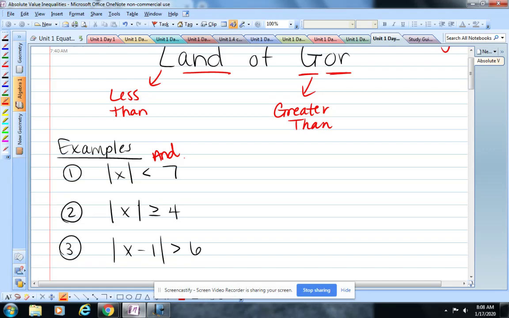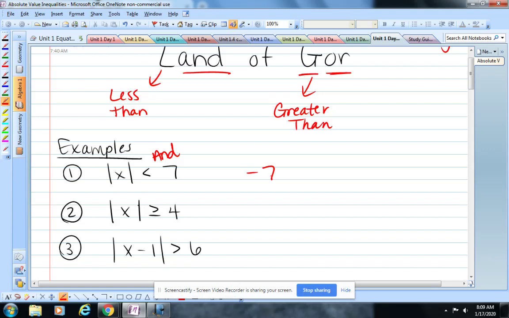To set up an and, y'all remember when it's absolute value, we have to consider the positive and the negative number inside the bars? Right? Okay? Same thing with the absolute value inequality. To set up an and, you're going to take this number, make it negative. That's your left side number. Remember, ands are squished in between two symbols, right?